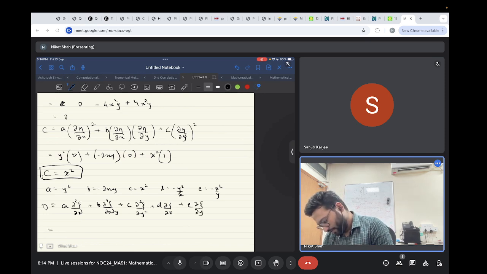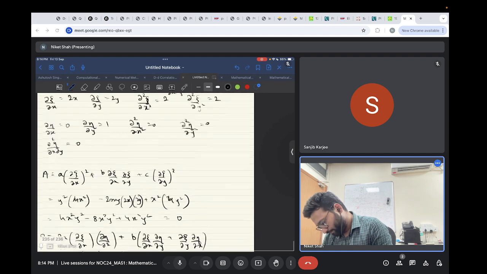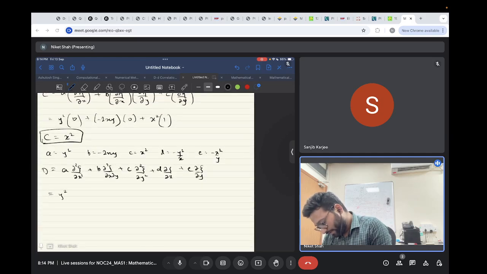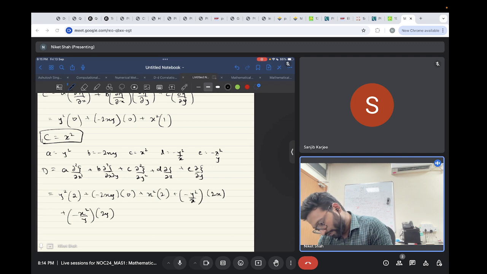This is my capital D. So a is y square into ∂²ψ/∂x², which is giving me 2, plus b, minus 2xy, into 0, plus c is x square and also this is 2, plus d, minus y square by x into ∂ψ/∂x, which is 2x, plus e. e is minus x square by y into 2y, since ∂ψ/∂y is 2y.